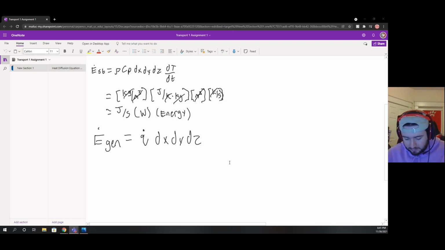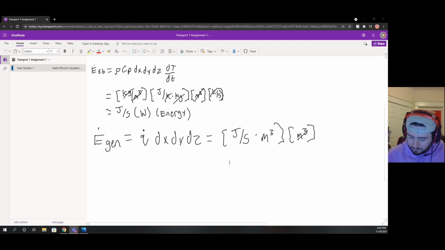When we break that down into units, we get joules per second times volume, and then the dimensions dx, dy, dz. When you cancel units, you end up getting joules per second.